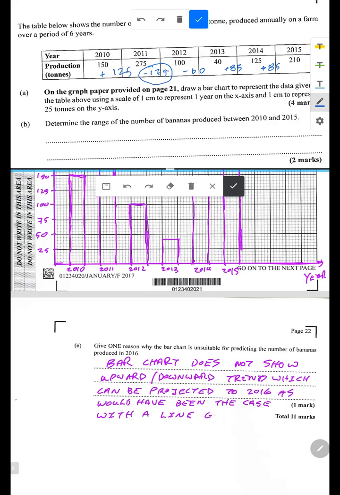So in other words, if it was a line graph, we could have projected to 2016, right?